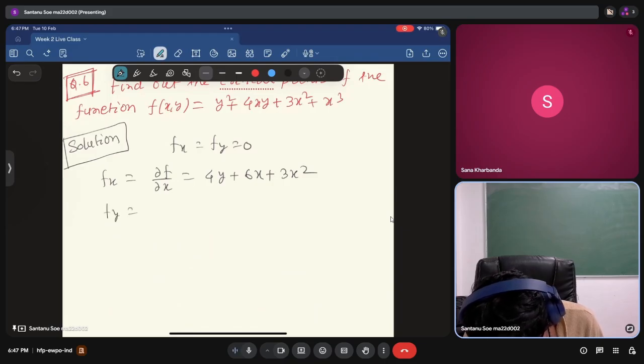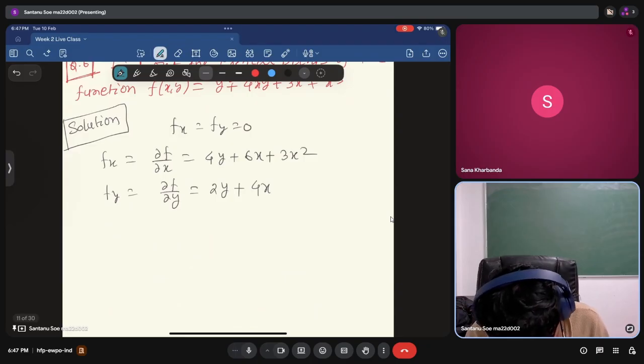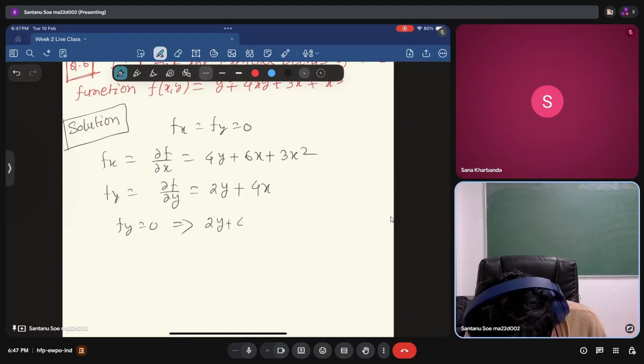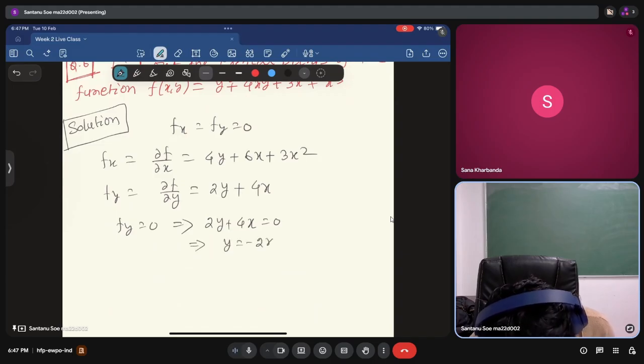And f_y is nothing but del f by del y, which is 2y plus 4x. So if we put fy to be 0, this will imply 2y plus 4x is 0, and this will imply y equals to minus 2x.